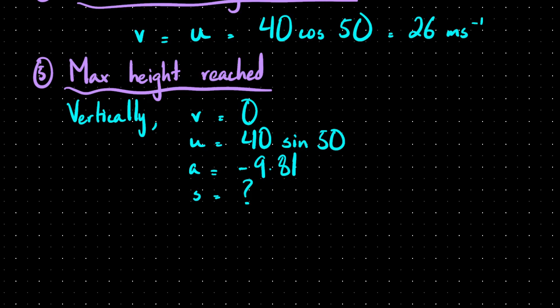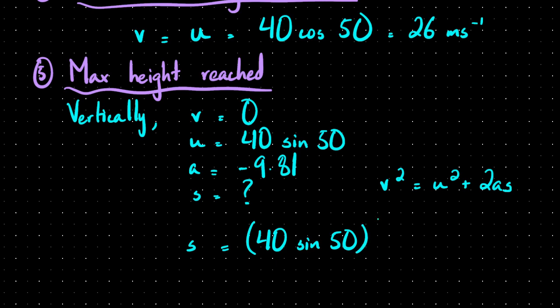So what equation of motion do we use? Which one involves v, u, a and s? So the simple answer is this one, v squared equals u squared plus 2as, right? v is 0, this is u squared, this is 2as. So s would be simply this: 40 sine 50, whatever this is, squared, divided by 2 times 9.81.